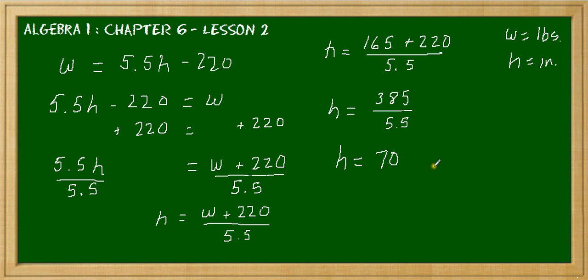And 70 inches is about, in feet, 5 feet 10 inches. Because we knew that a person 6 foot was already 72, so I just did this math. I took 2 inches off from 5 feet 12 inches, which would actually be 6 feet. I just subtracted 2 inches, so it would be 5 foot 10 inches.